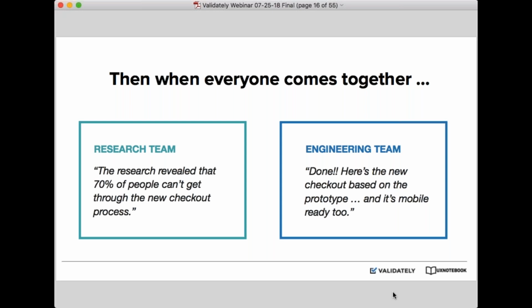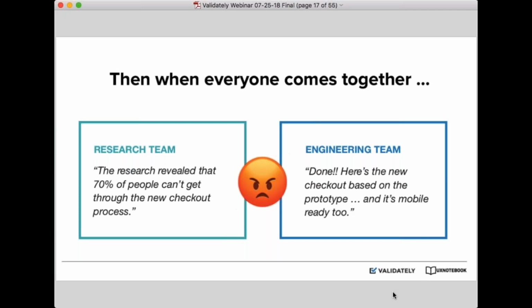And then what happens? Well, at the end of it, you come back and you say, hey guys, I'm done all my research, and guess what? The prototype we tested revealed that 70% of people couldn't get through that new checkout process. But because the engineering team was building, they come back and they say, hey, we're done.